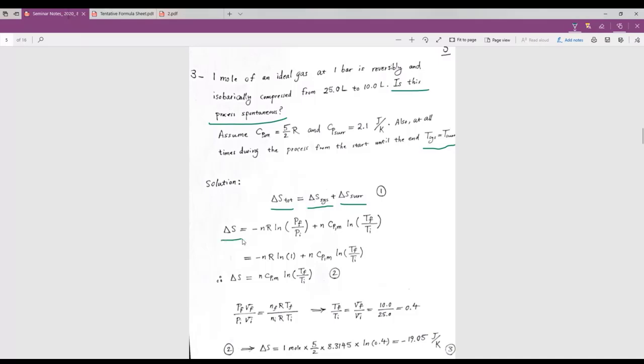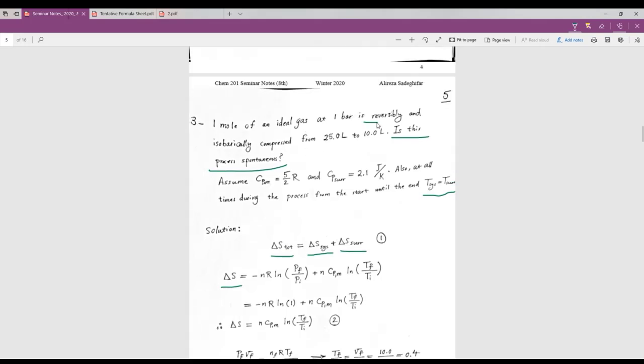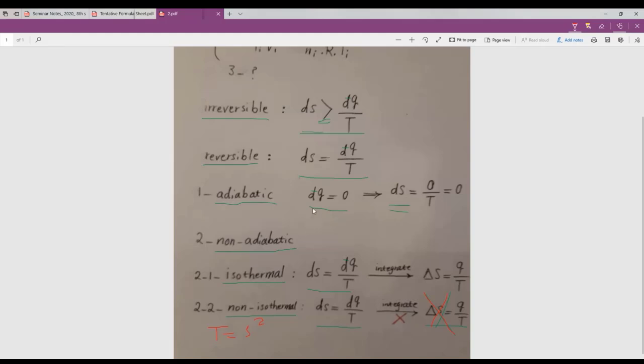For the system, of course, as I said, we don't usually put sys here. It's a reversible and isobaric process. If I go back to these equations that I just explained, it's a reversible process. It's not adiabatic, so it is non-adiabatic. It's non-isothermal.